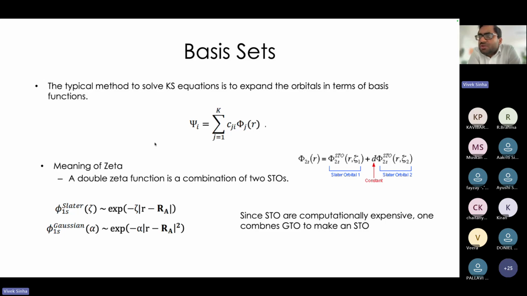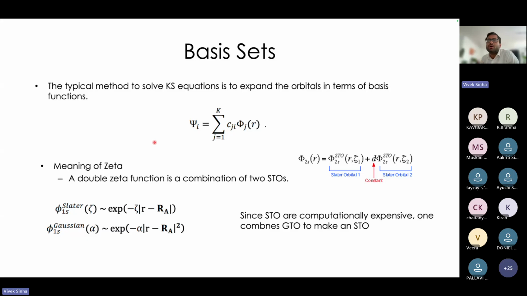I can also say (1,0,0), (0,1,0), (0,0,1). I can express any coordinate if I take a combination of these things. So this forms the basis of the 3D world around us, right? Similarly, if we want to express the mathematical functions of a wave function or orbital, many different kinds of functions are available.